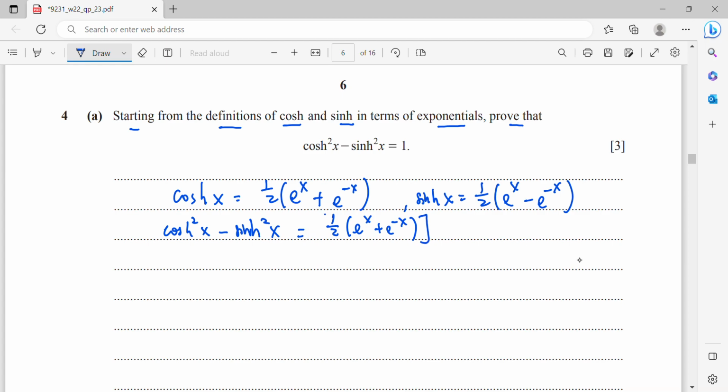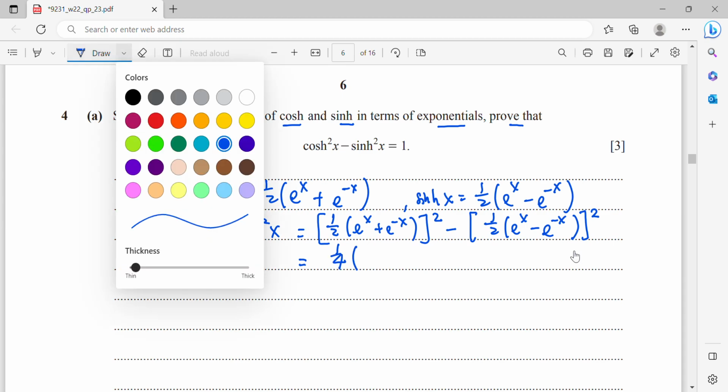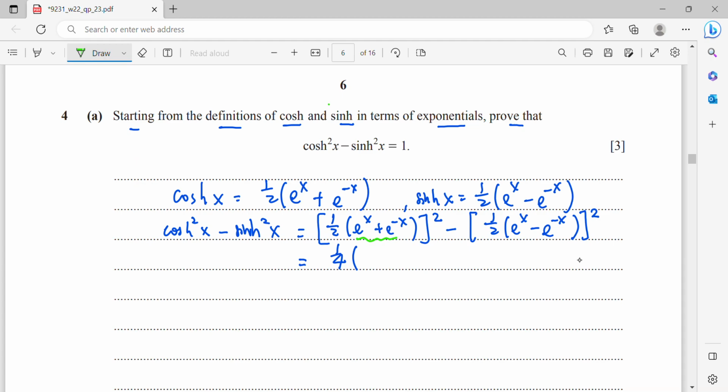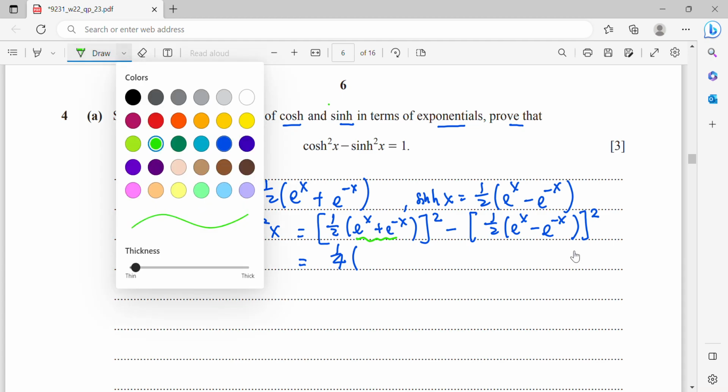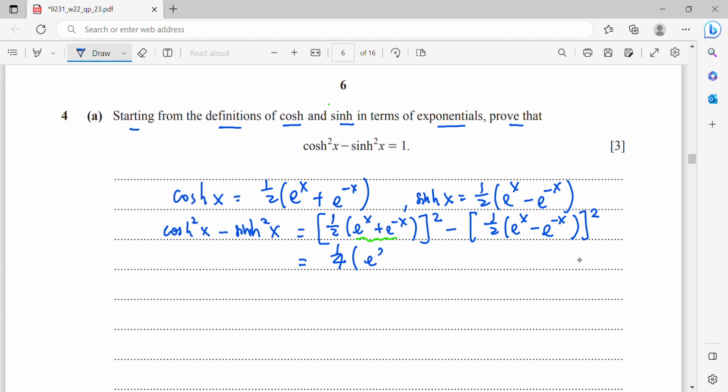We square it, minus half bracket (e^x minus e^(-x)), close and square it. Now, we do expansion first. Bring in the square to the half. It becomes 1 over 4. Then you square the summation. Okay, we square this. We have to do expansion now. So it will be e^(2x) plus 2 plus e^(-2x).